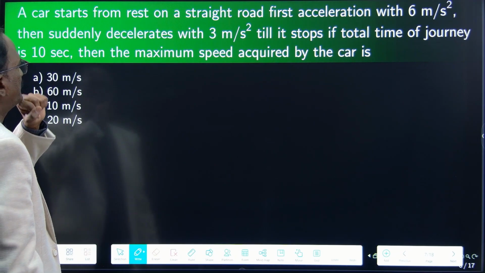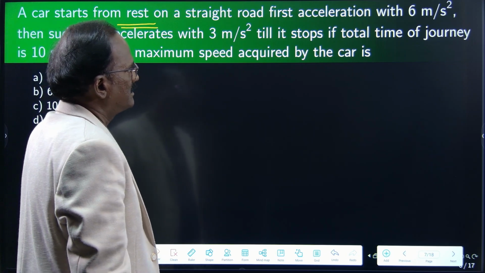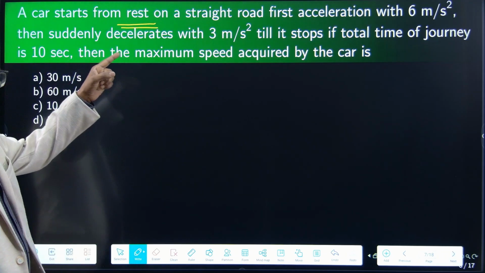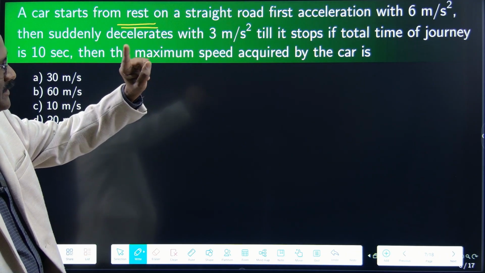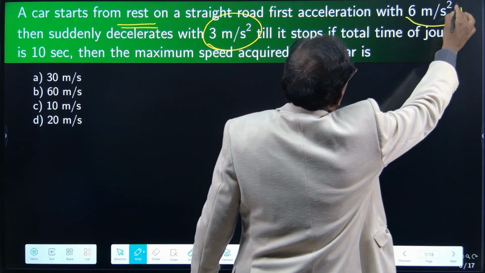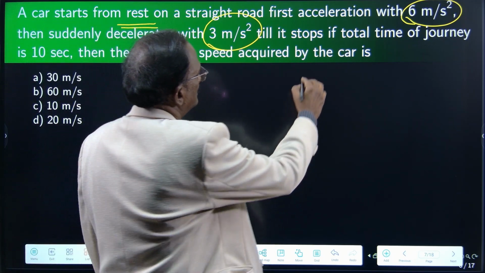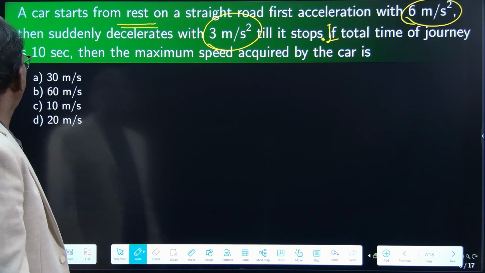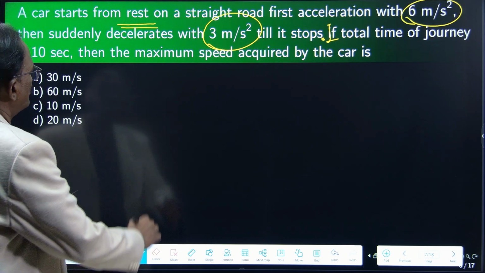A car starts from rest on a straight road first. The acceleration is 6 meter per second square, then suddenly decelerates with 3 meter per second square. Alpha is 6 and beta is 3. Alpha value and beta value are given, till it stops, right? If total time of journey is 10 seconds, then the maximum speed acquired by the car is what?